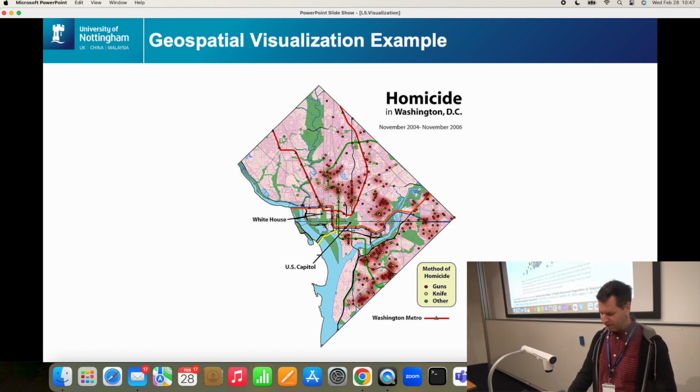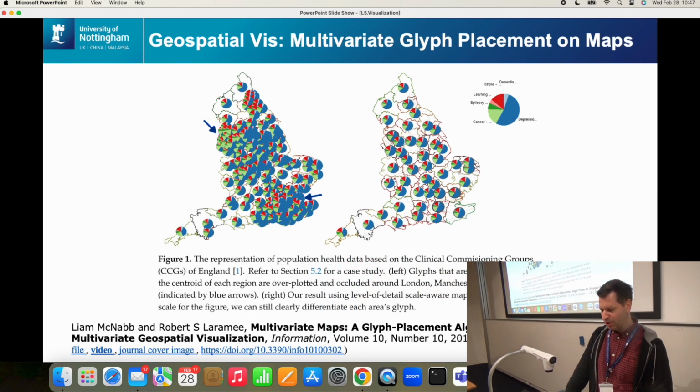Here's another, this one combines geospatial and multivariate techniques together. Does anybody know what this is a map of? Anybody know what that is a map of? Nobody recognizes that shape? UK, correct.